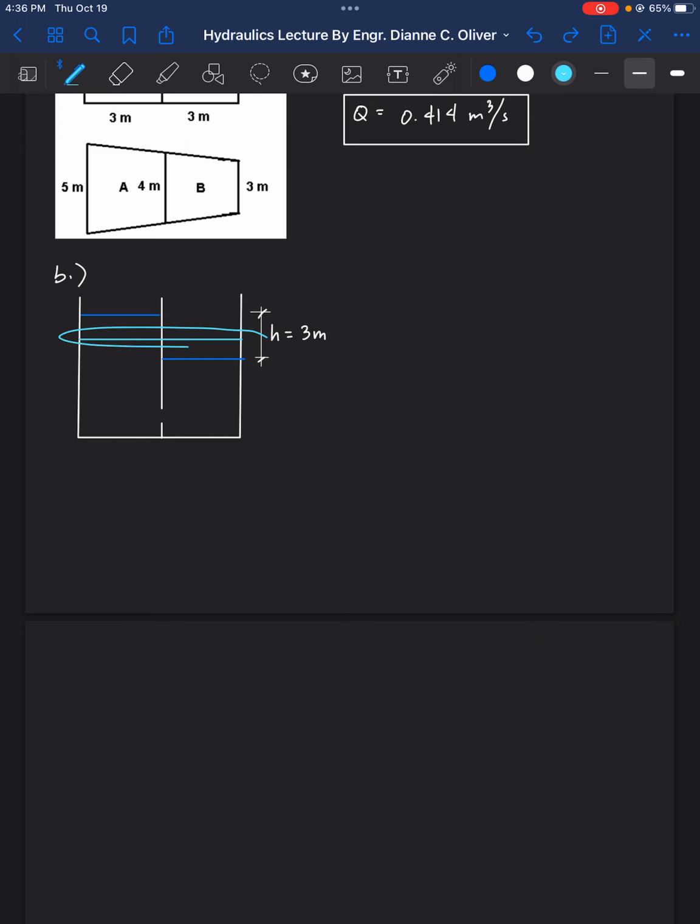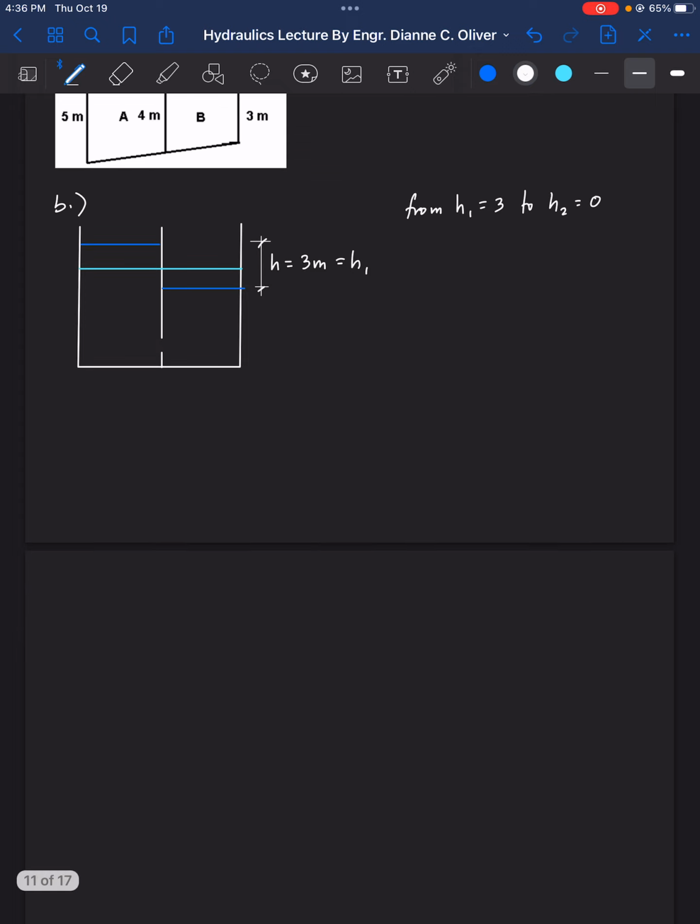From the initial height, the difference of the height is 3 meters. So this is also our H1, up to the time when H2 becomes 0. From H1 equals 3 to H2 equals 0, meaning their elevation is the same.